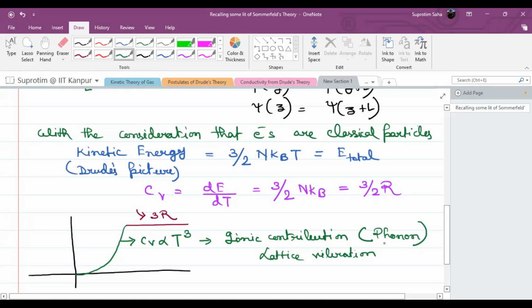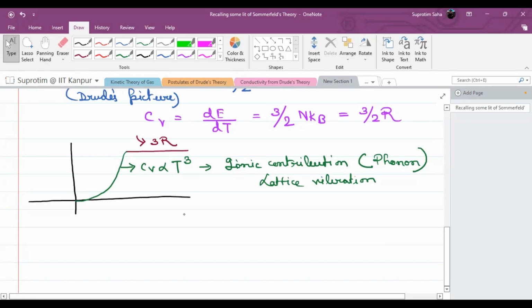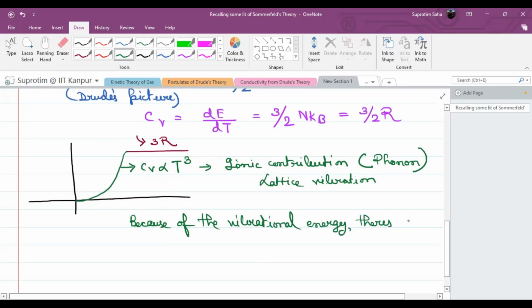Because of this vibrational energy, there's a rise in the total energy of the system.